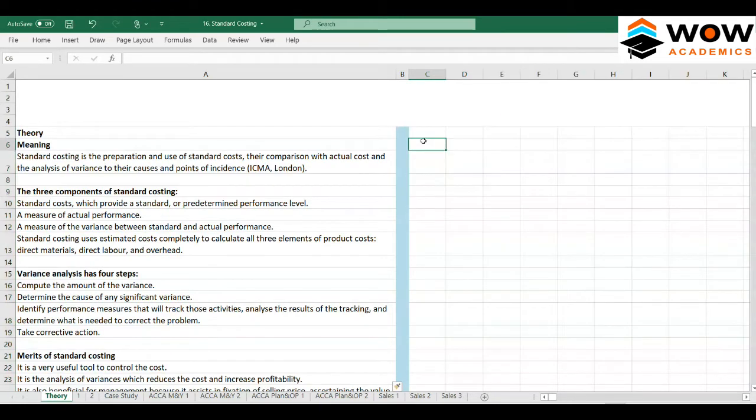We'll start with the meaning. Standard costing is the preparation and use of standard cost, their comparisons with actual cost, and the analysis of their causes and points of incidence.